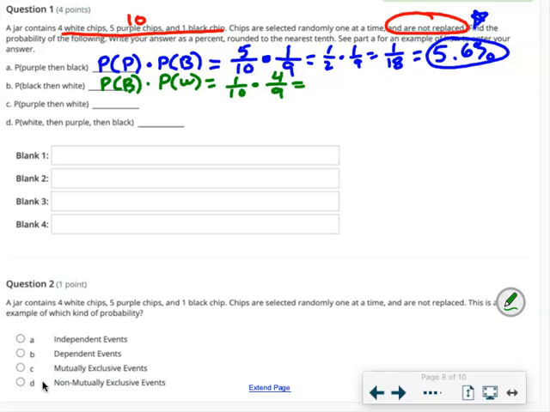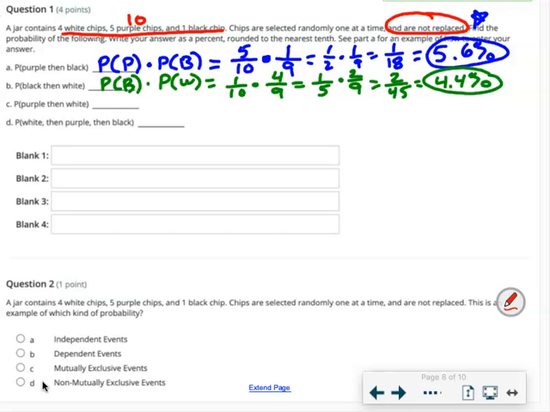The 10 and the 4 are both even, so I can reduce those by dividing both of them by 2. And then we have 1 times 2 up top and 5 times 9 on the bottom, 2 out of 45. So as a percentage to the nearest tenth, that would be 4.4%.